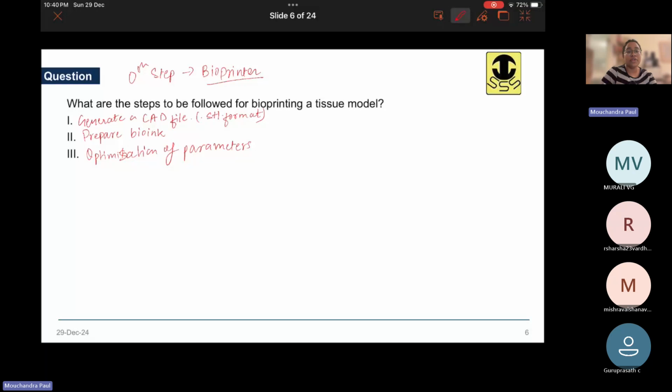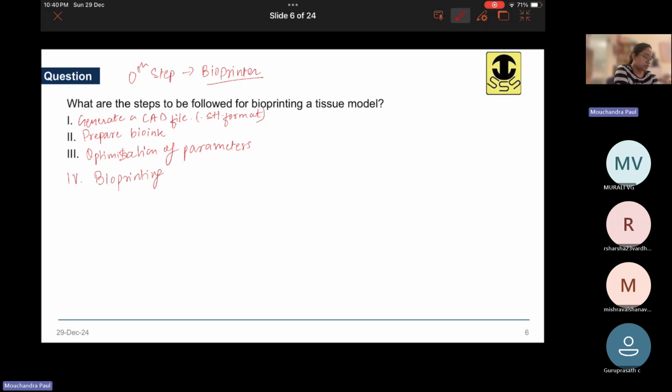Whatever CAD file you have put in the machine, your ultimate objective should be that your final structure looks like that CAD file. It should not look anything other than that. Then the fourth step is basically the bioprinting process.